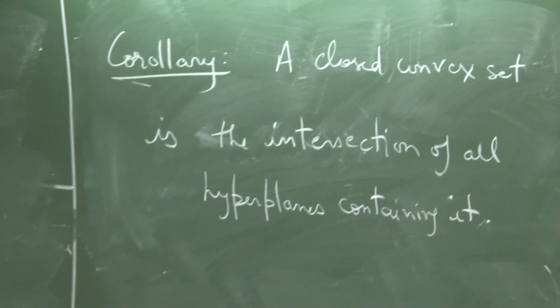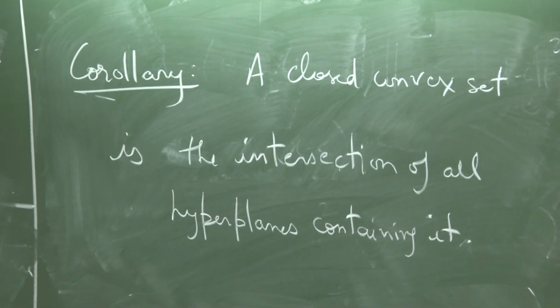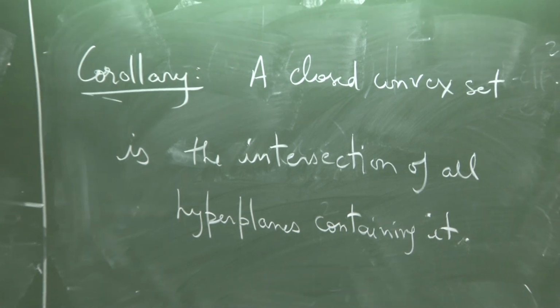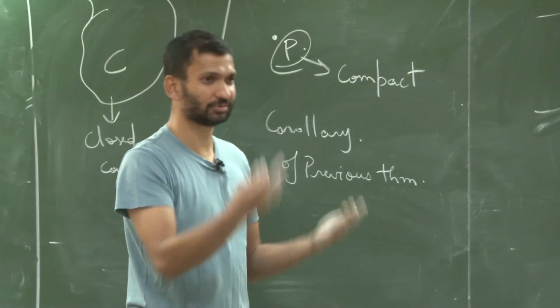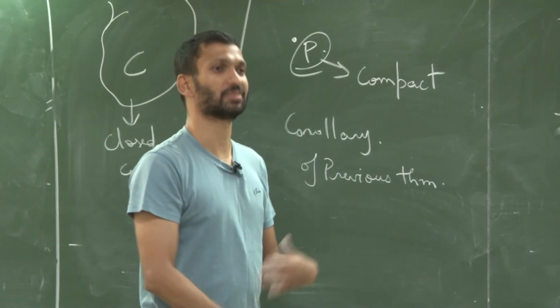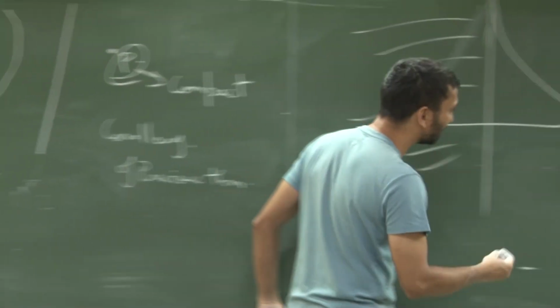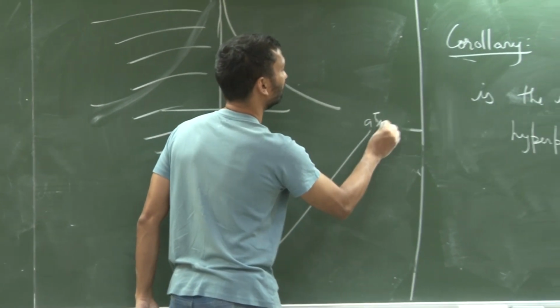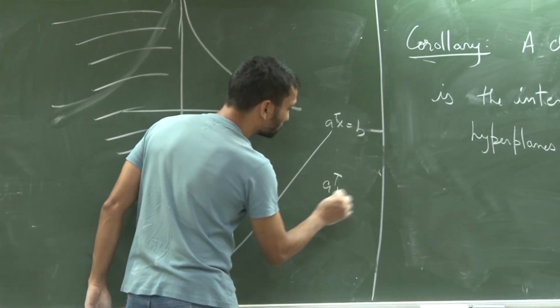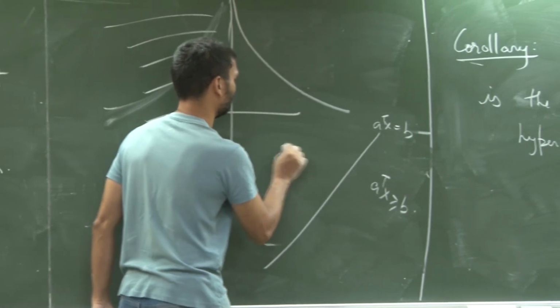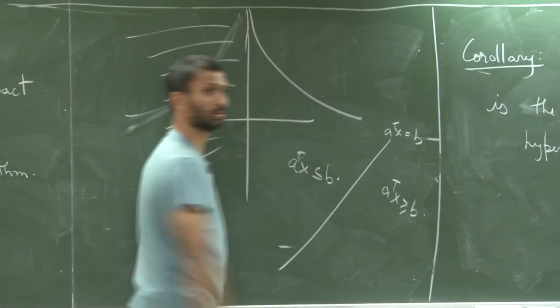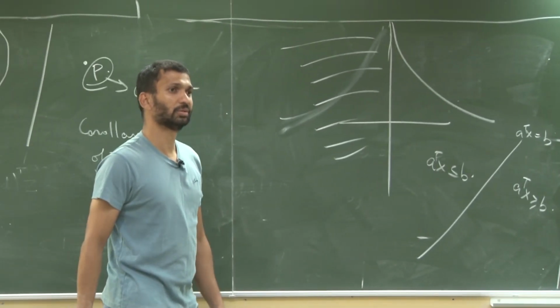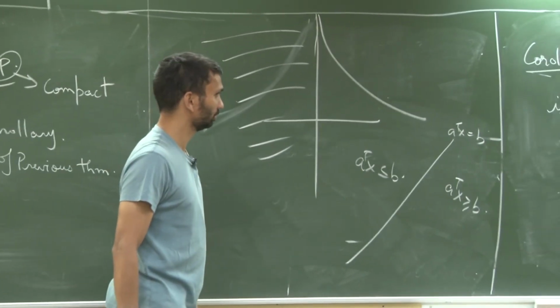Do you see it? Given a convex body, you take all the half spaces. So, if I want to be correct about the nomenclature, the hyperplane is A transpose X equal to B. This is the half space. This is the other half space.